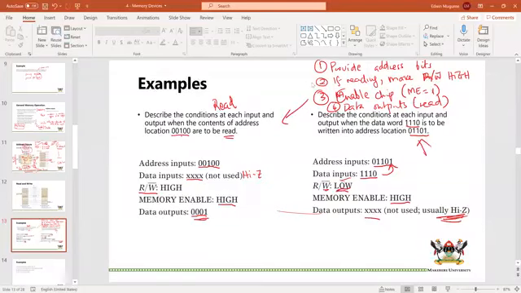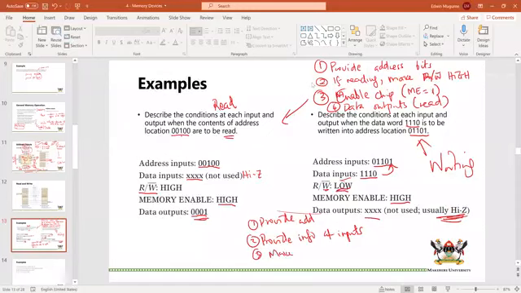This case, we are writing, but their procedure is essentially the same. Once again, you provide addresses. 2, now because you are writing, you need to provide the information that you are going to write. Provide info at the inputs. 3, make read write equals 0 so that you are able to write.